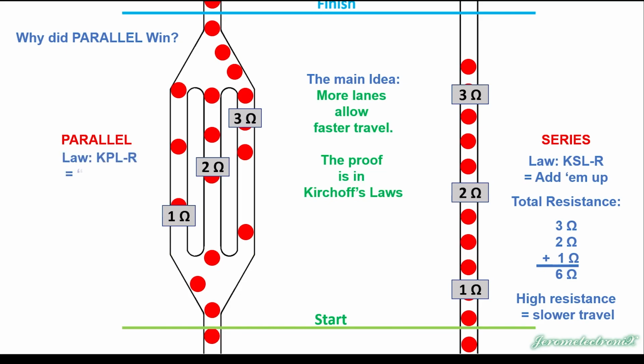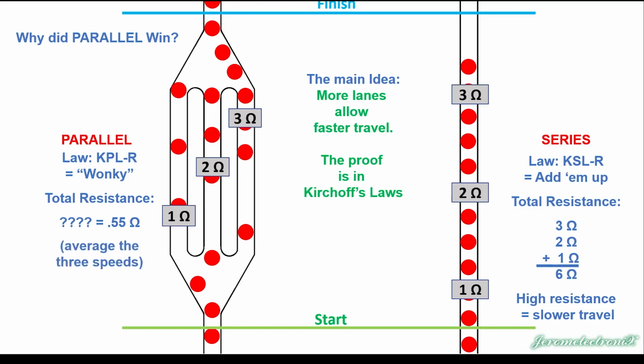Over on the parallel side, it's wonky. We'll talk about why it's wonky in a minute, but the total resistance is going to be 0.55 ohms of resistance in this scenario. Okay. Because we can actually combine these resistors into one, and if we did, the total resistance, we could replace all three of these resistors with a single resistor, but it would have to be a 0.55 ohm resistor.